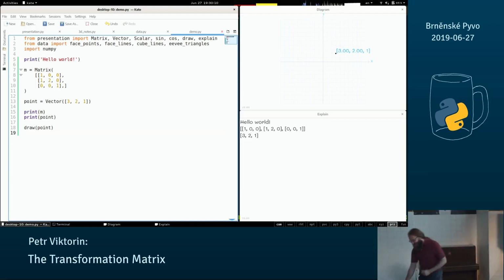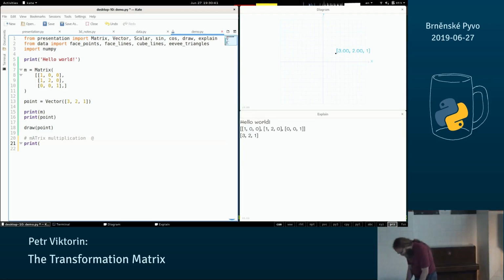Right? So matrix multiplication in Python has a special operator. Who of you knows the special operator? One person. So it's for matrix multiplication, the at, it's this operator, the at.